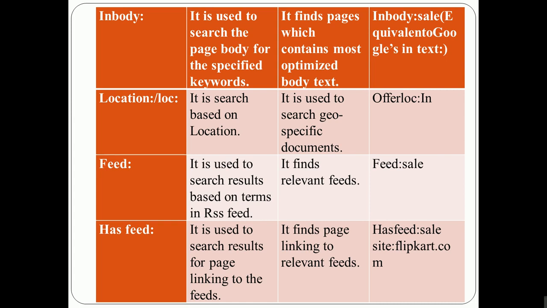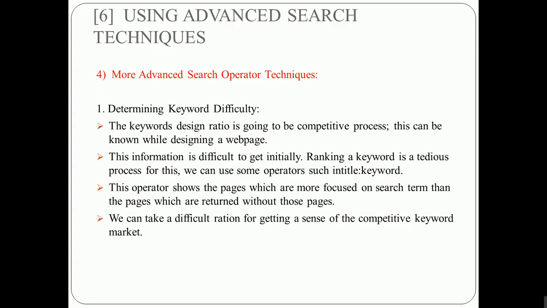Here is an example: hasfeed:sales site. Second example: flipkart.com. So these are the operators available on the Bing search engine, which can be used by the SEO person when they are optimizing a website.